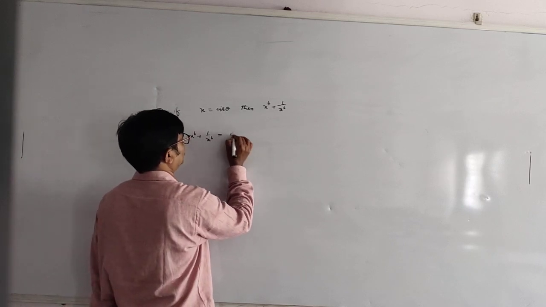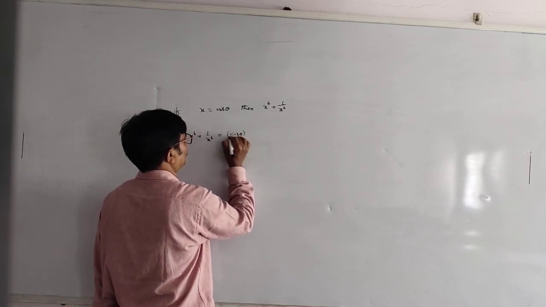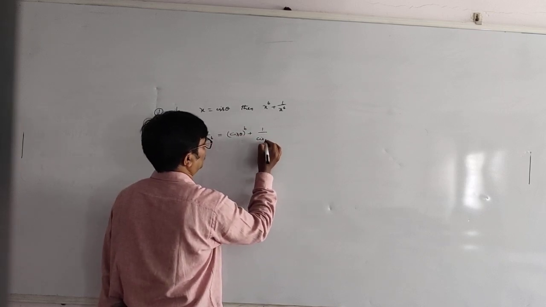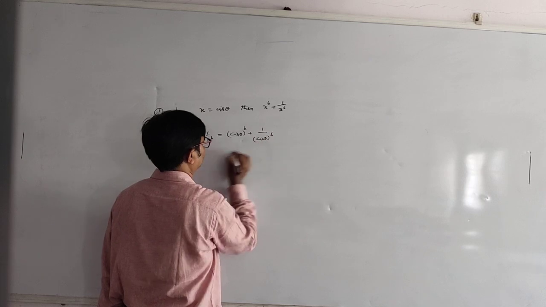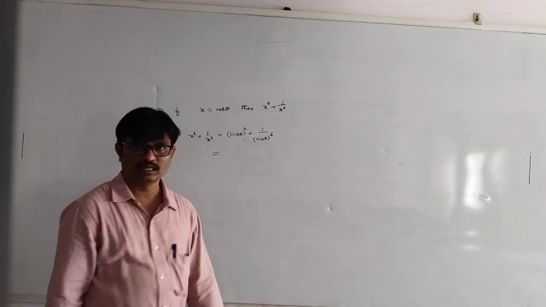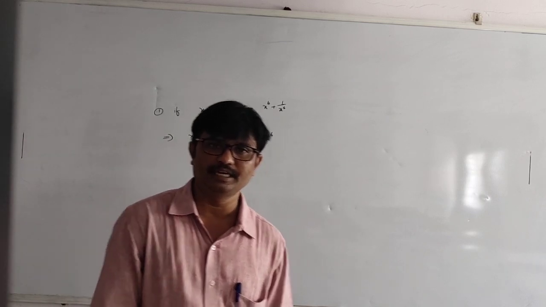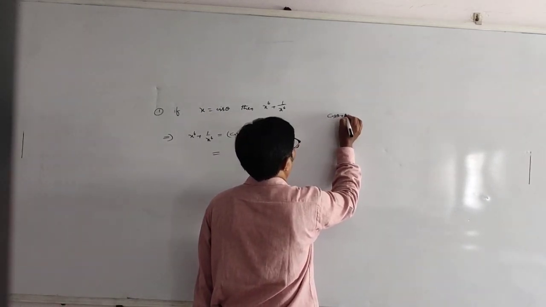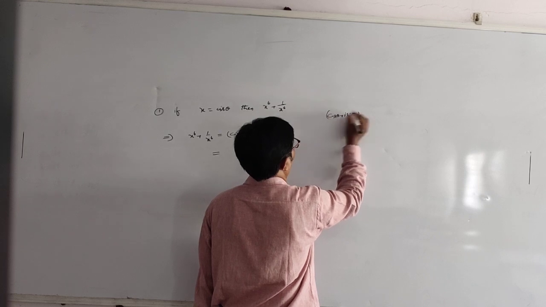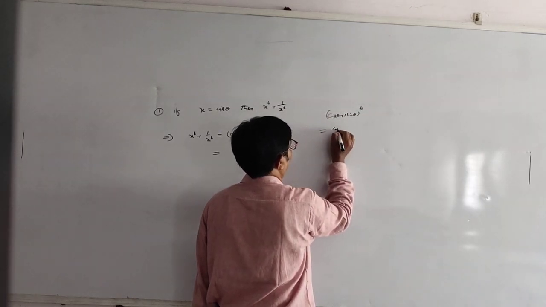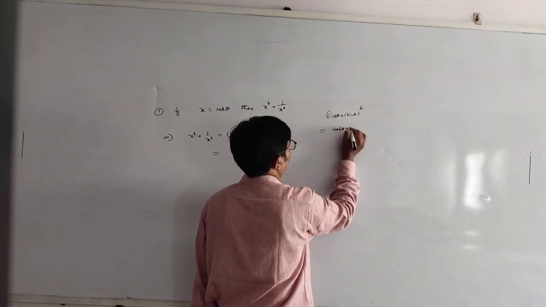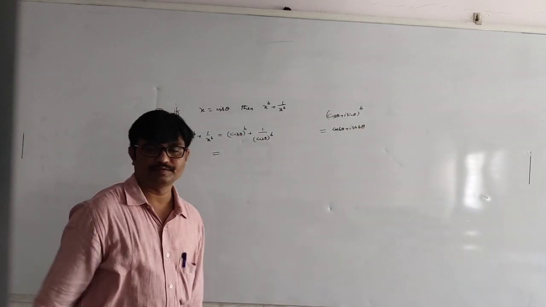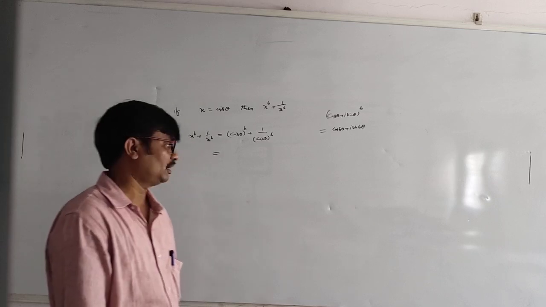This is cis theta whole power 6, and this is also cis theta whole power 6. Cis means cos theta plus i sin theta. What is it, students? Cos theta plus i sin theta whole power 6. By De Moivre's theorem, cos 6 theta plus i sin 6 theta.